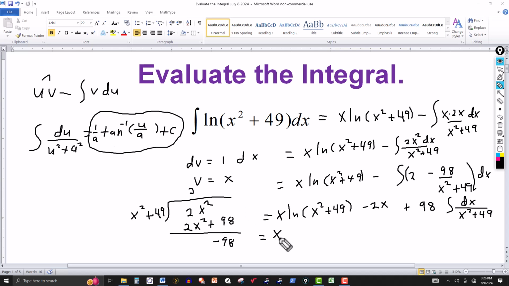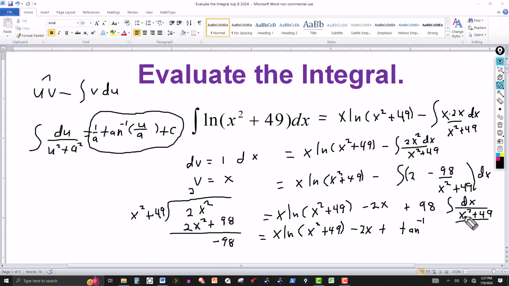So again, just rewriting the same thing again. x ln x squared plus 49 minus 2x, and then this right here is the same formula that I just wrote over here. Instead of u squared, I have x squared. So it's going to be plus tangent inverse of u over a.